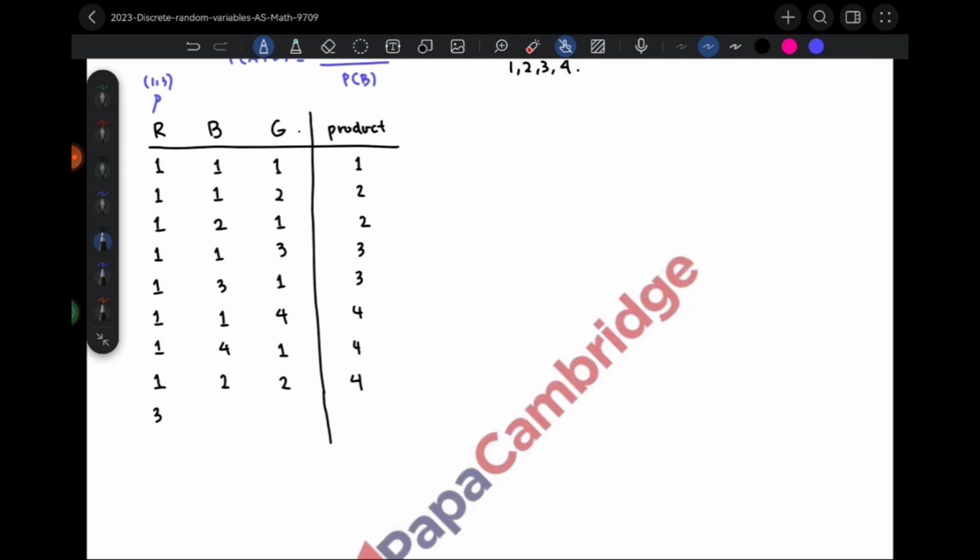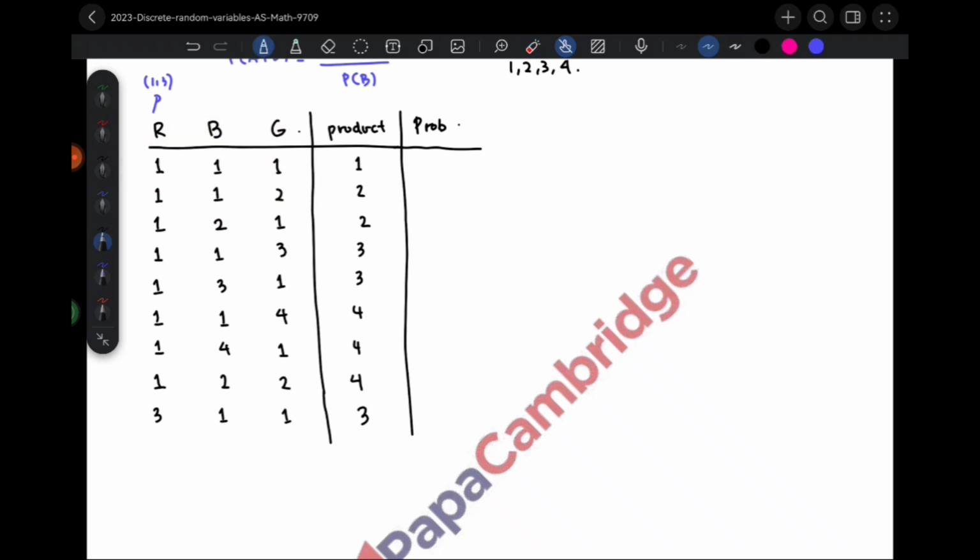And then for 3, this is the only possibility, I think. The product is still satisfied. So we have 9 possibilities. Okay, and then I'm going to add the probability of each in this list.